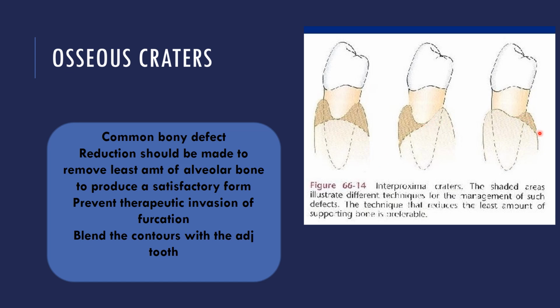The shaded part is the bone to be removed. So this is the technique that reduces the least amount of supporting bone. So that is why we are not following the whole step. In case of osseous craters, you can follow any of these patterns for proper periodontal maintenance.